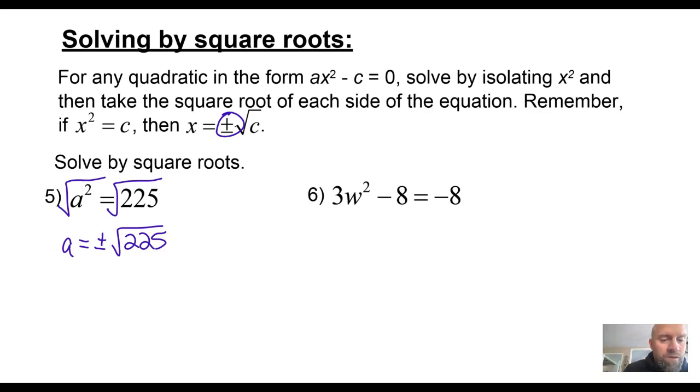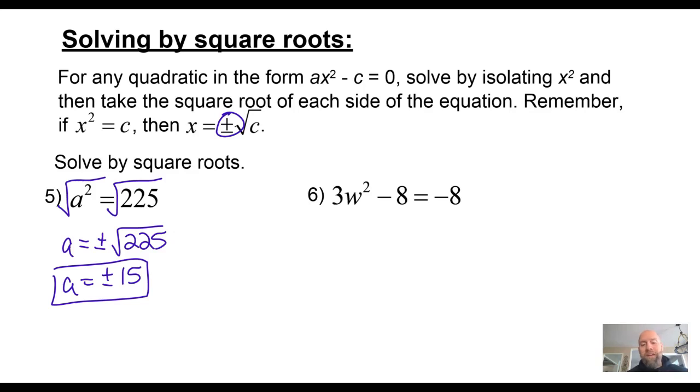We know that the square root of 225 is 15, so a is equal to plus or minus 15. What's very interesting about this is if you were to plug your function a squared minus 225 into Desmos, you would actually get a parabola that has x-intercepts at plus and minus 15.